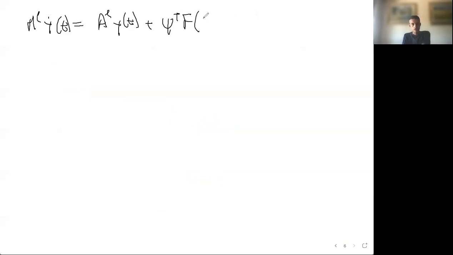In other words, what we have here is ML y dot of t equal AL YL of t plus psi transpose f of t. This is YL. And then we have YL of 0 equal Y0L.